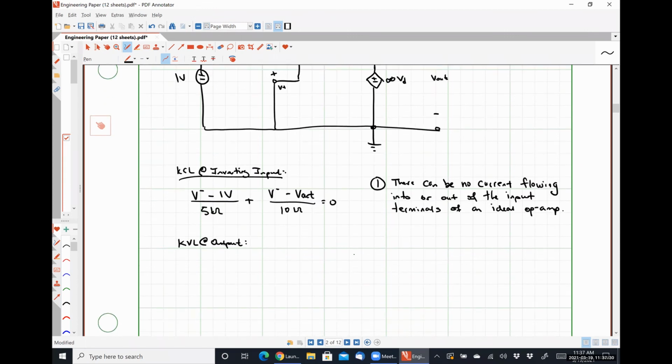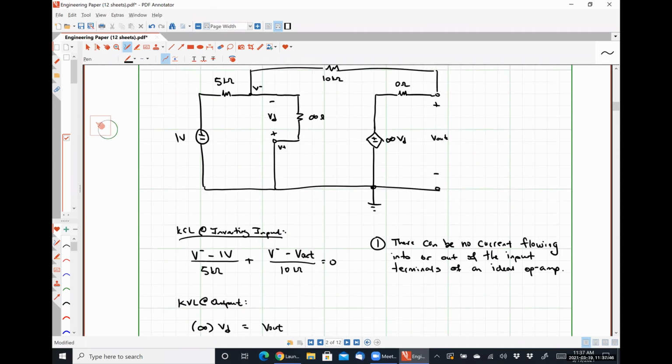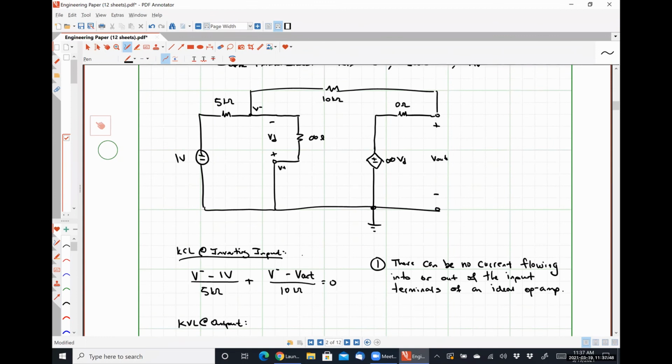I get infinity times my differential voltage VD is equal to my output voltage V out, right? If I do KVL, and I know that I have a short circuit here, so there is no voltage drop, V out is exactly equal to infinity times VD.